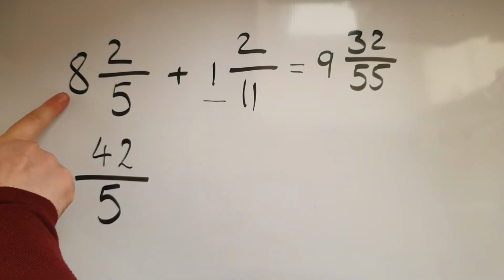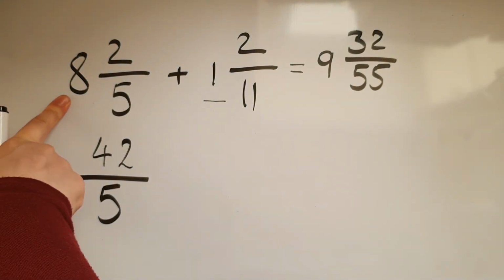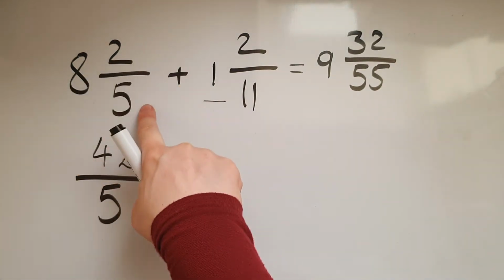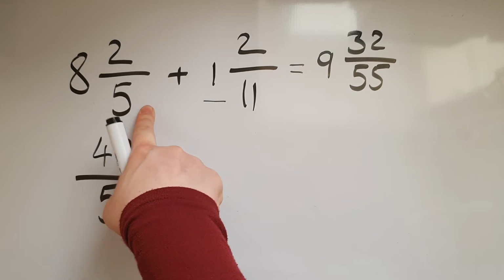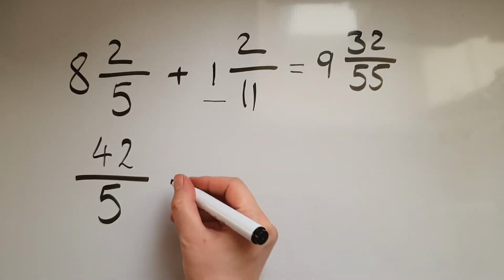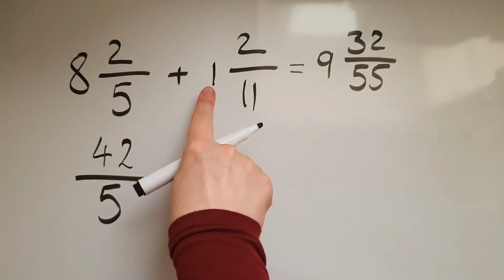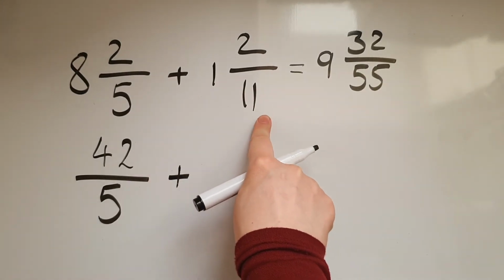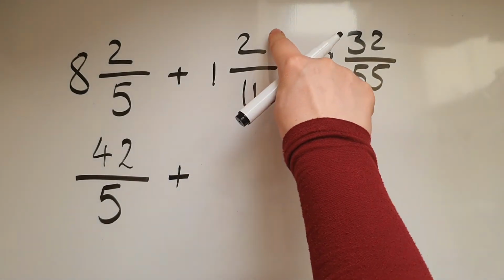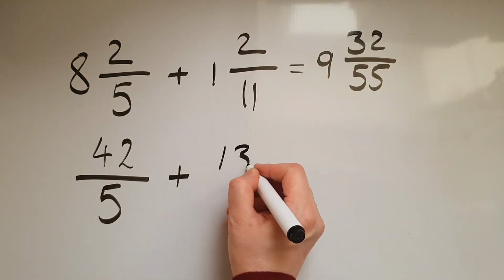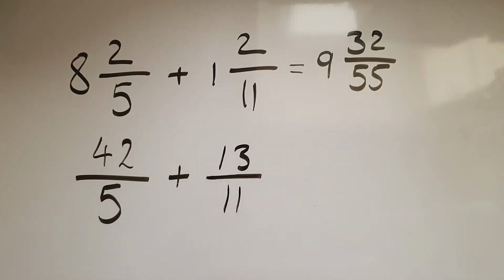If we have 8 whole cakes, that is 40 slices. And we've also got 2/5 added to that, so that is 42. Again, if we have one cake with 11 slices, but also an additional 2 slices, that is 13 out of 11, 13 11ths.